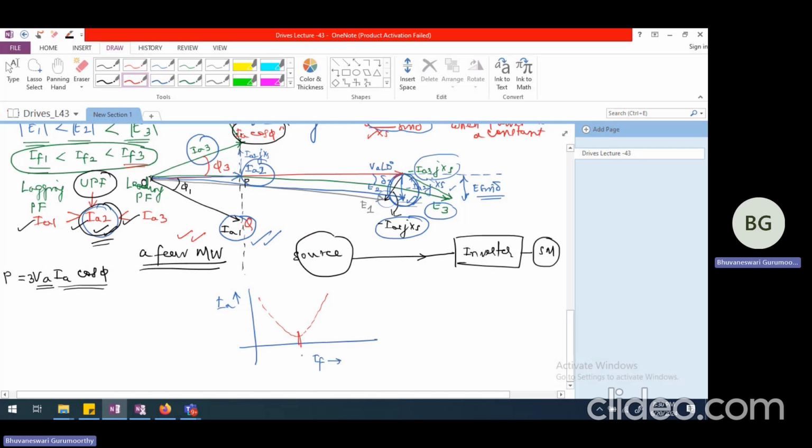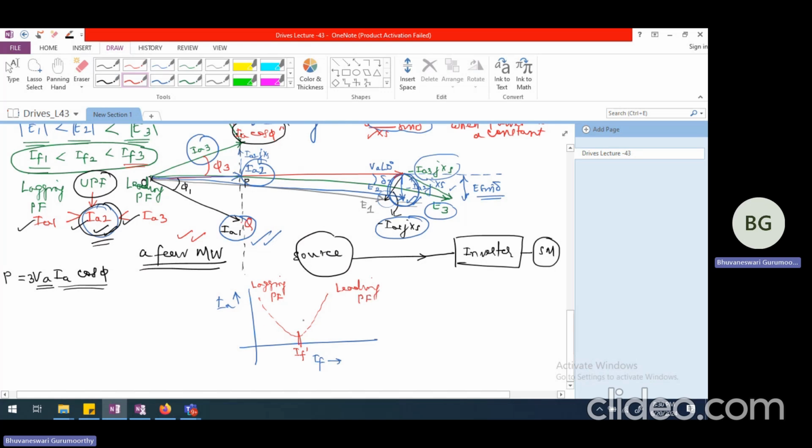So this is the I_a minimum value, corresponding to, let us say, I_f dash, which gives the minimum armature current for a given load. This side is I_f less than I_f dash, so this will be the lagging power factor condition, whereas this is the leading power factor condition.